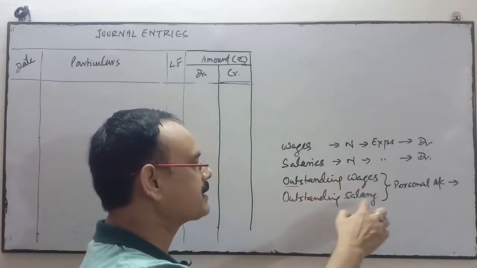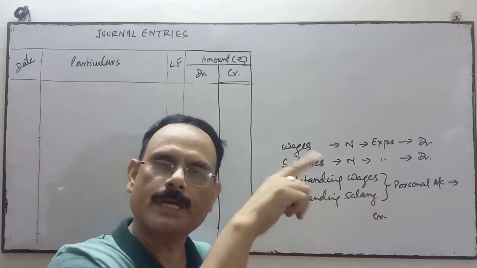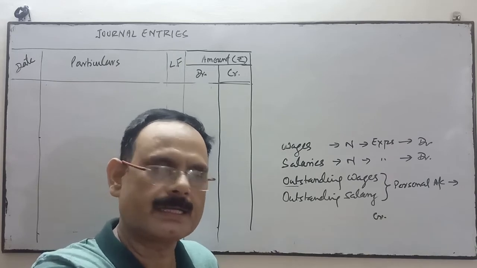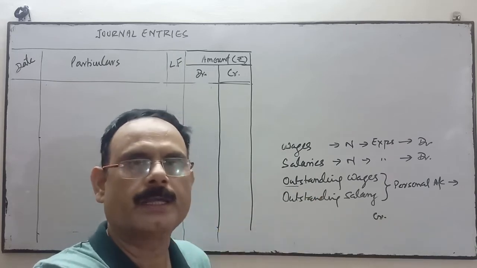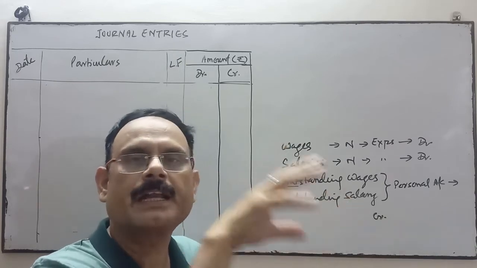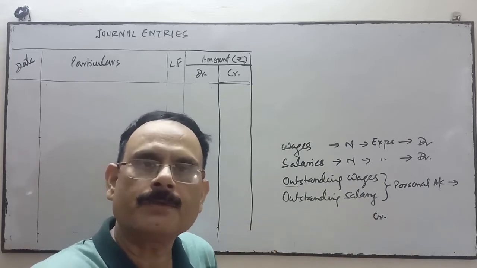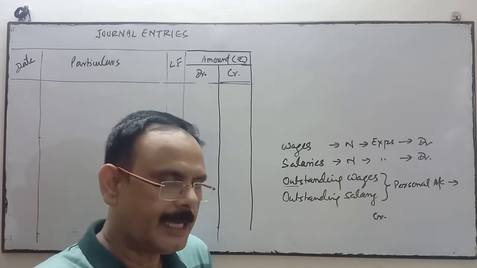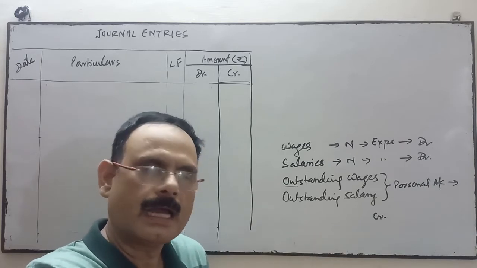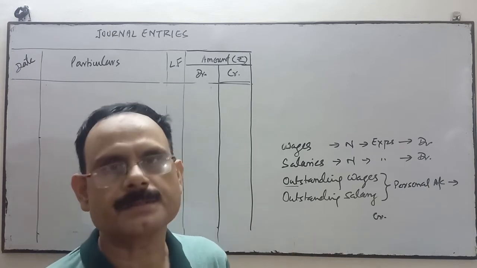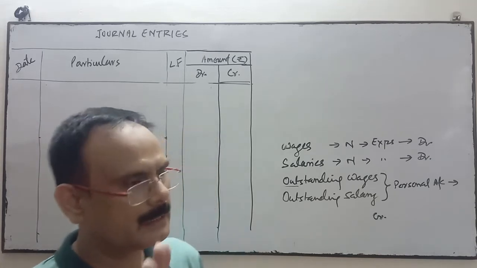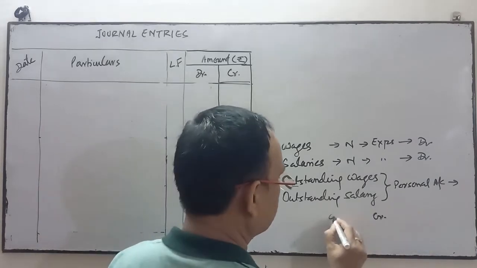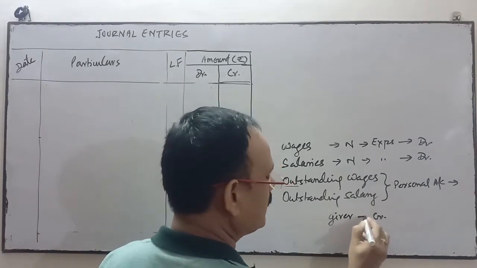Outstanding salary and outstanding wages represent the employee whose salary or wages is not paid by us, and that employee's salary and wages is in the hand of the business. It means that employee has given the amount to the business. So that employee is the giver. That's why credit.